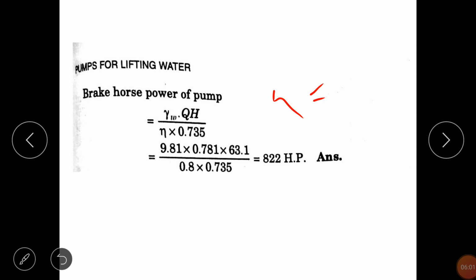So rho W is the specific weight of water, that is 9.81, into Q, which we have got as 0.781, and H is the total height, that is 63.1, divided by nu, equal to 80%. We can't put it directly as 80%, so 80 divided by 100 we get 0.8. So 0.8 into 0.735 we get around 822 horsepower. That is the solution of this problem.